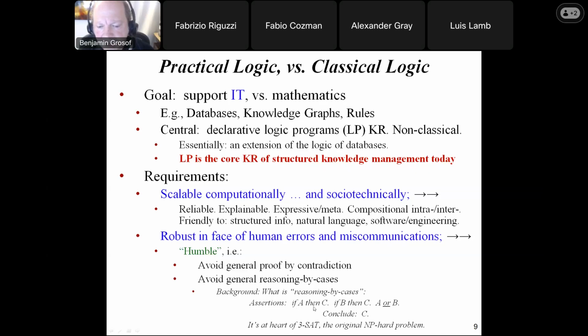If A, then C. If B, then C. And we know that either A or B. So in reasoning by cases, we can conclude C, and this is at the heart of 3SAT, which is the original NP-hard problem. It's the unrestricted ability to apply reasoning by cases kinds of patterns of reasoning that produces that intractability.